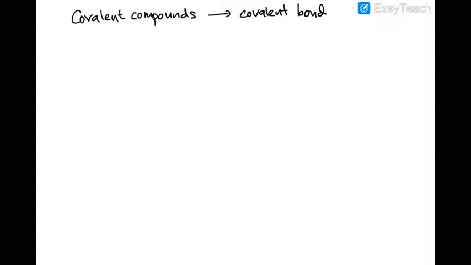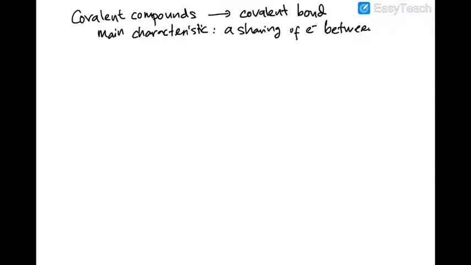The main characteristic for such compounds is that there is a sharing of electrons. And this happens between two adjacent atoms. And this is where you can see the difference between covalent compounds and, for instance, a metallic bond that we just discussed.